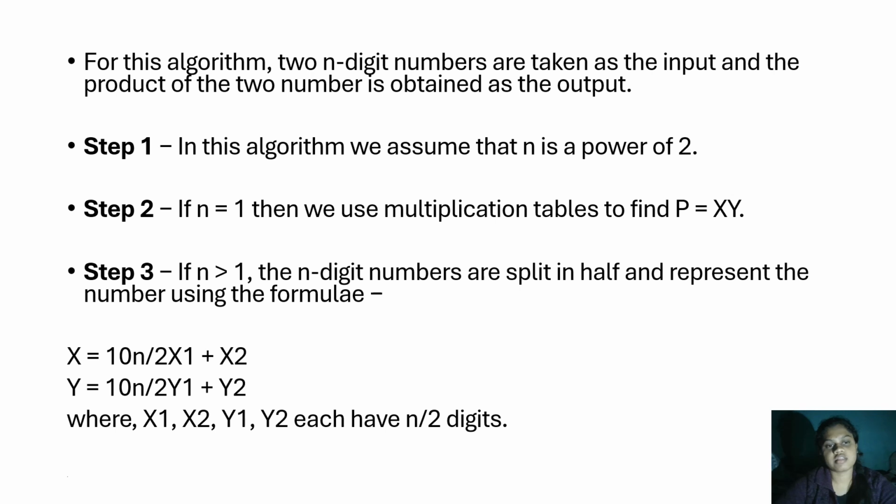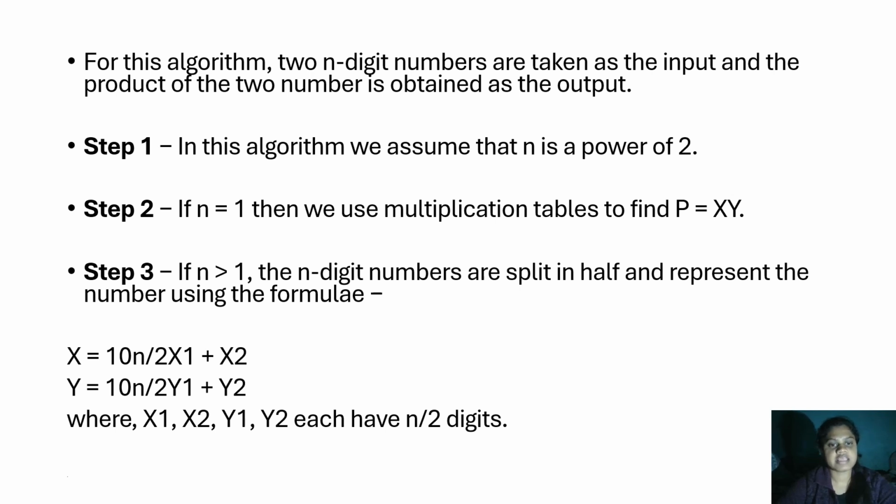So these are the steps we are going to make. Step 1, in this algorithm we assume that n is a power of 2. Step 2, if n equals 1, then we use multiplication tables to find p equals xy.